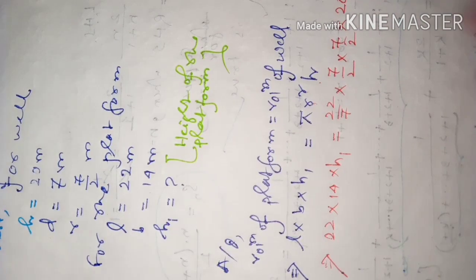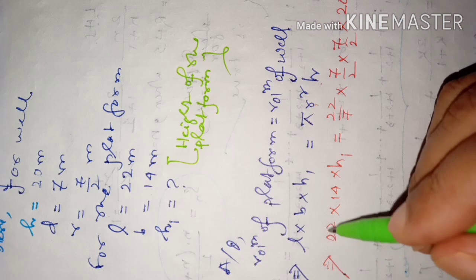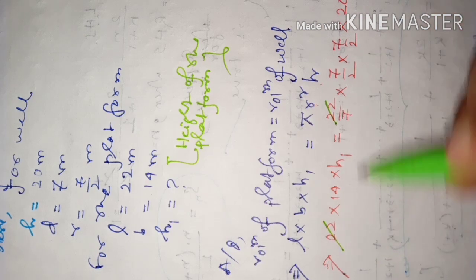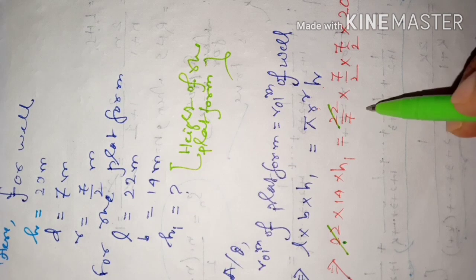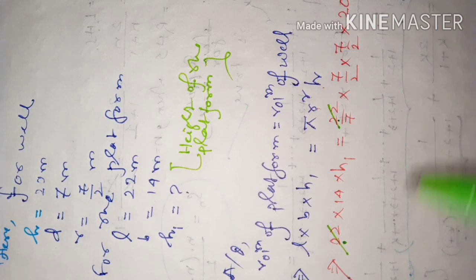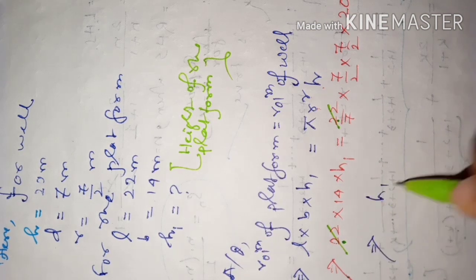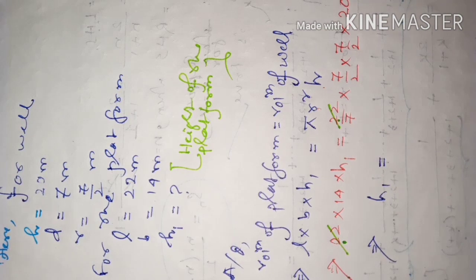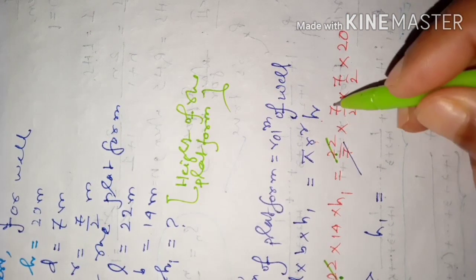Now, dear students, you can cancel some of the numbers. 22 from here and 22 from here cancel, because when 22 goes to the right hand side it becomes a denominator, and that denominator and this numerator cancel. So h1, the height of the platform, equals: take 14 to the right hand side, and this 7 you can cancel with this 7.